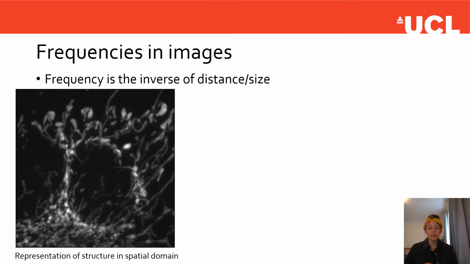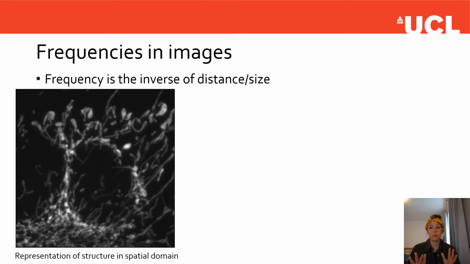So before we get on to structured illumination microscopy at all, I just want to make sure that we're familiar with the concept of frequencies in images. So here's an image of, I think, MitoTracker in a fixed cell. And this is the kind of image that we're very familiar with as microscopists. This is our structure in the spatial domain. So each pixel is a physical distance, and we could associate a size to every single structure in that image.